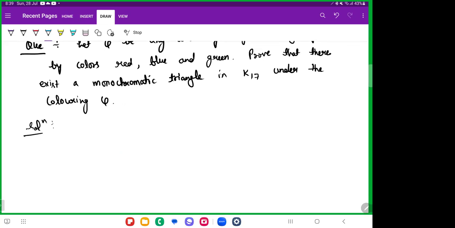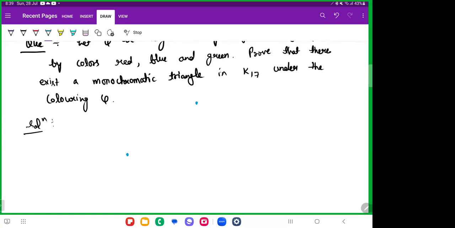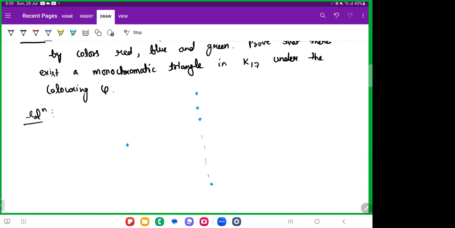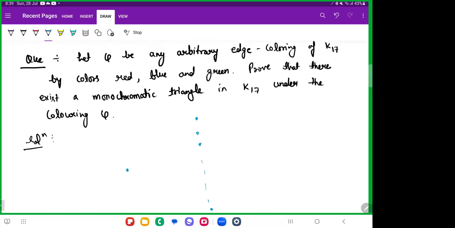Then you will think. Okay, so we have been given 17 vertices, right? So let's say these are 17 vertices: this is 1, this is 2, this is 3, and so on, this is 17.